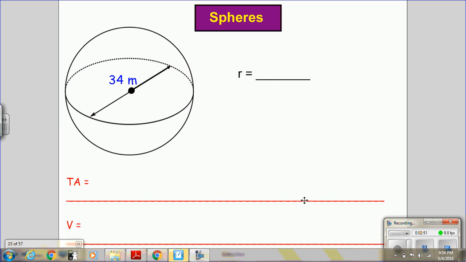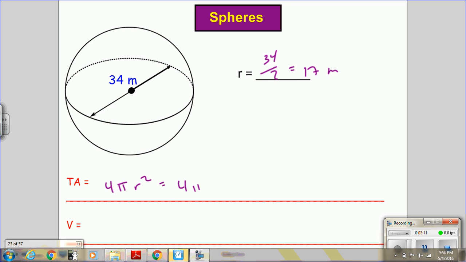So not so bad. Let's try this sphere. We're given the diameter, so we need to take 34 divided by 2 to get our radius, which is 17 meters. Same formula for total area, 4 times pi times radius squared.